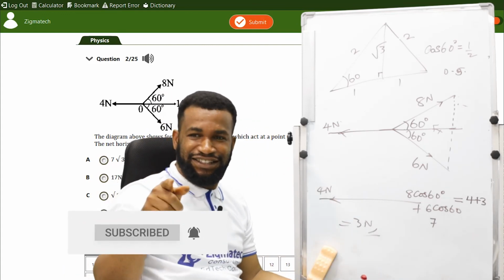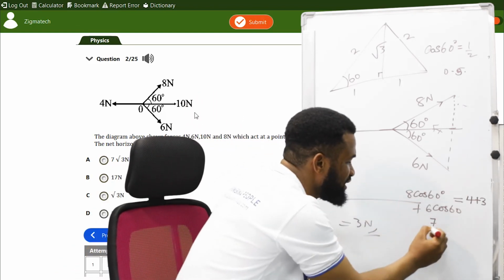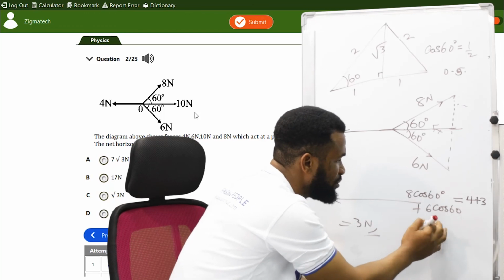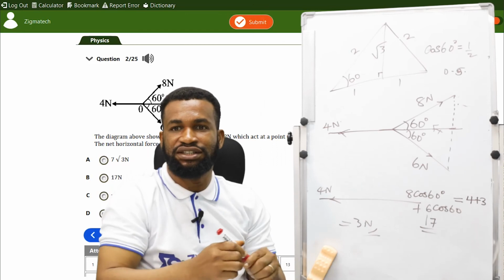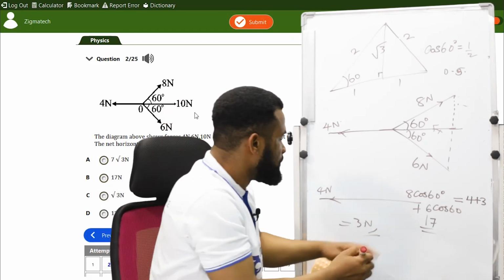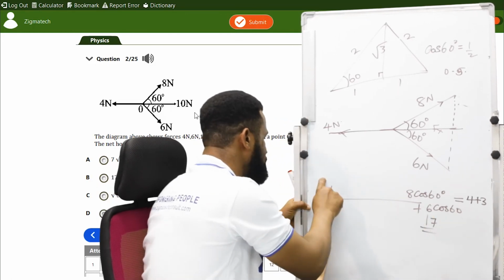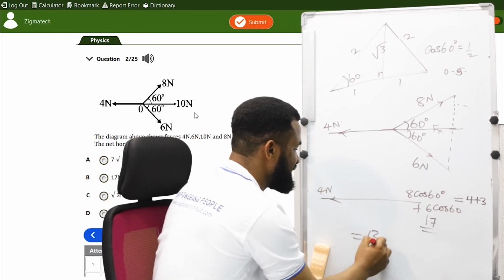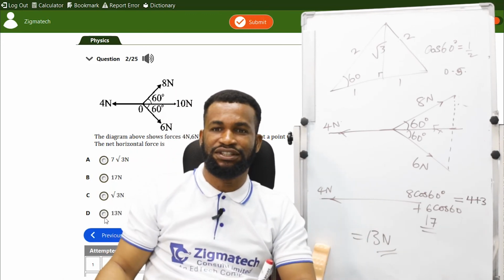There is 10 there. I was like, there is 10 here. So that 10, I'm going to add it, it becomes 17. So 7 plus 10 is going to be 17. Totally 17 at that point. So now, in order to be able to find the horizontal force, 17 minus 4 is going to give you 13 Newton. And 13 is there. Option D is 13.